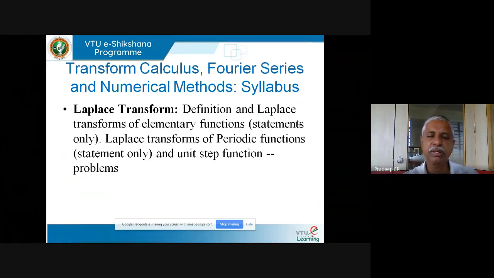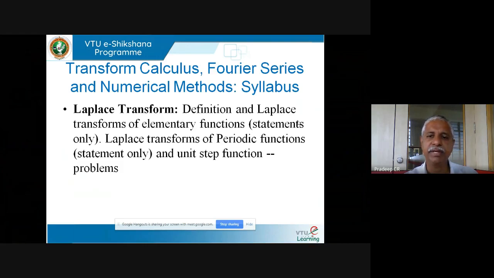I'm going to display only that part of the syllabus which I'm going to cover, which is Laplace transform. So definitions and a few elementary functions, only statements, and then Laplace transform of periodic functions and a few problems based on it.